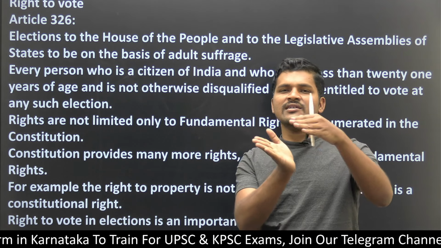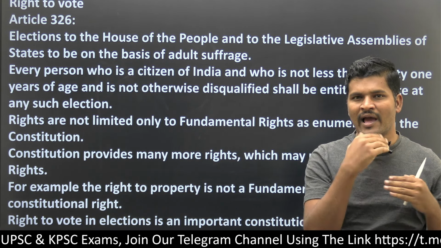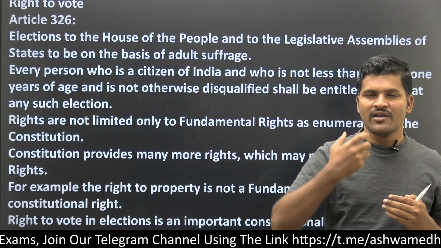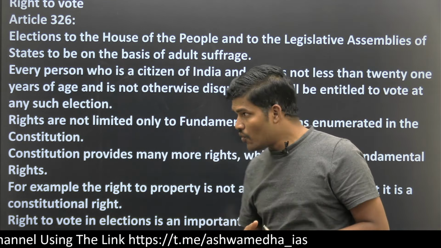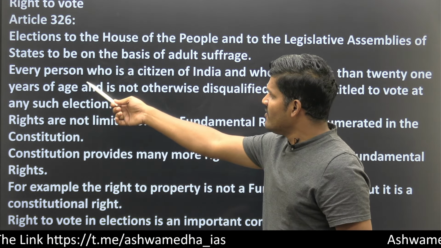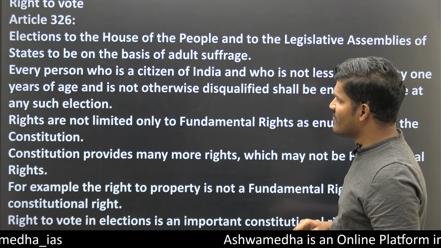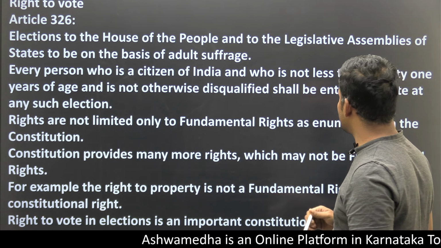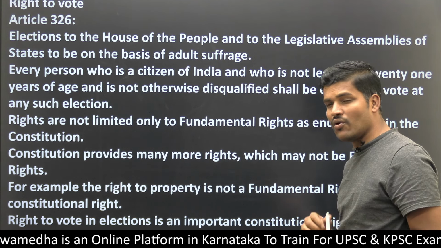Whoever attains the age of 18, he or she has a right to vote. Yes, she can cast her vote. Every person who is a citizen of India and who is not less than 21 years of age and is not otherwise disqualified shall be entitled to vote for any such elections. So this is all about vote.